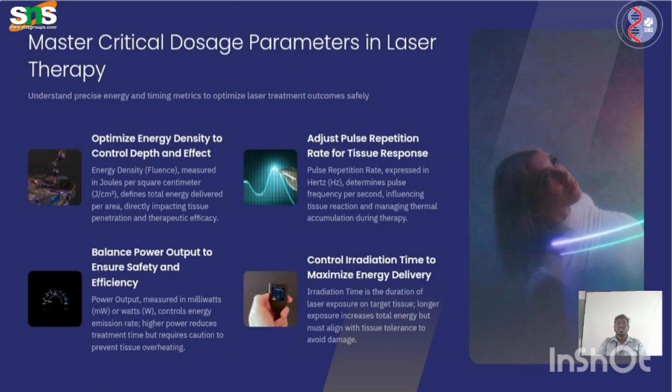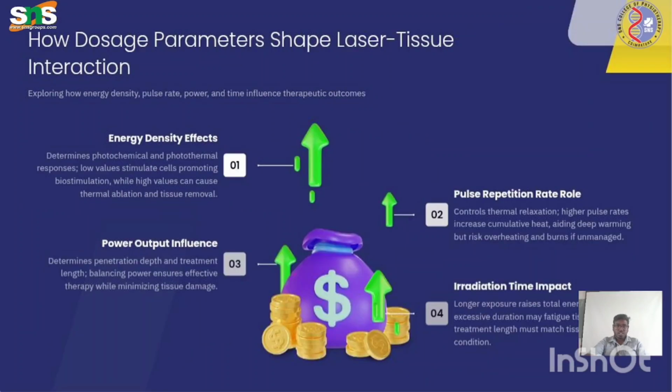The power output, measured in milliwatts or watts, controls the energy emission rate. Higher power reduces the treatment time but requires caution to prevent tissue overheating. The radiation time is the duration of laser exposure on the target muscles. Longer exposure increases the total energy, but must align with tissue tolerance to avoid damage.